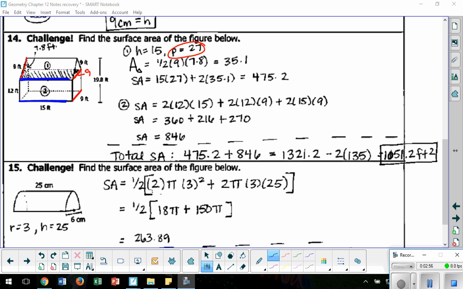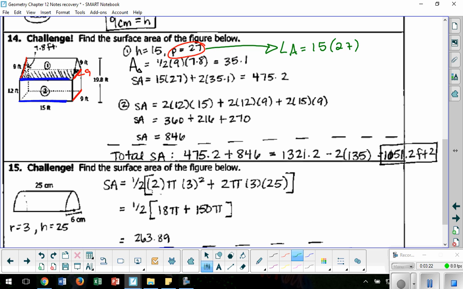So you get 35.1. Now, listen to me very carefully, you guys. Actually, before I do the area of the triangle, taking this information, you should find the lateral area, which would be the 15 times the 27.